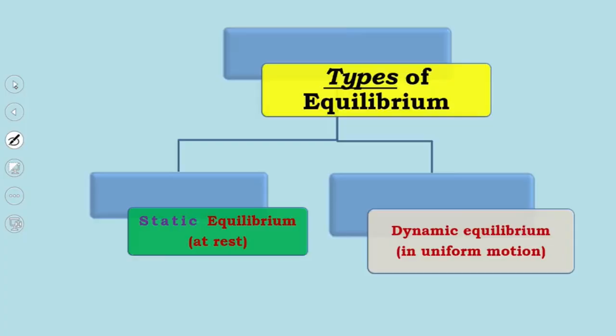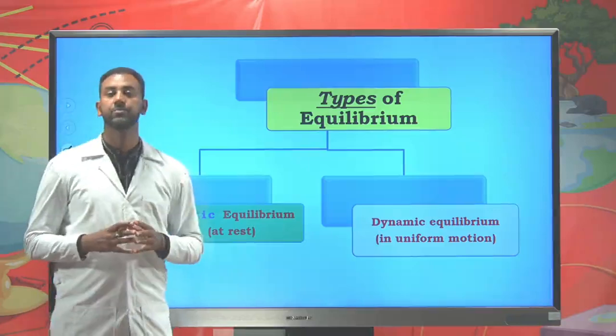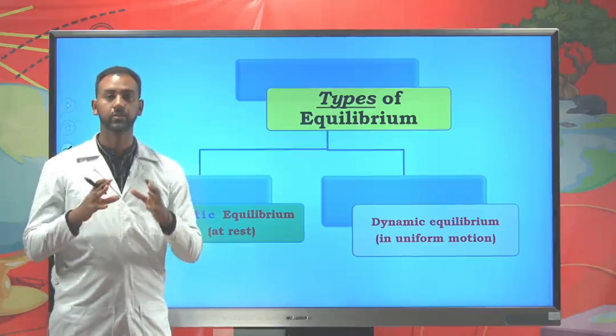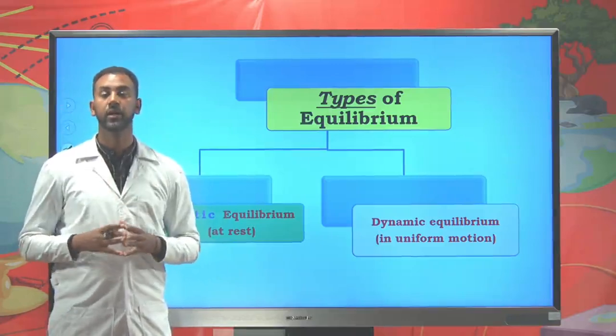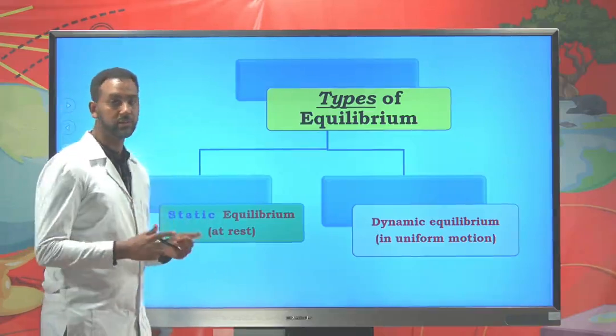There are basically two types of equilibrium that we are going to deal with, and these are static equilibrium and dynamic equilibrium. Static equilibrium is equilibrium of a given stationary body, and the net force exerted on that object is zero due to its being stationary.